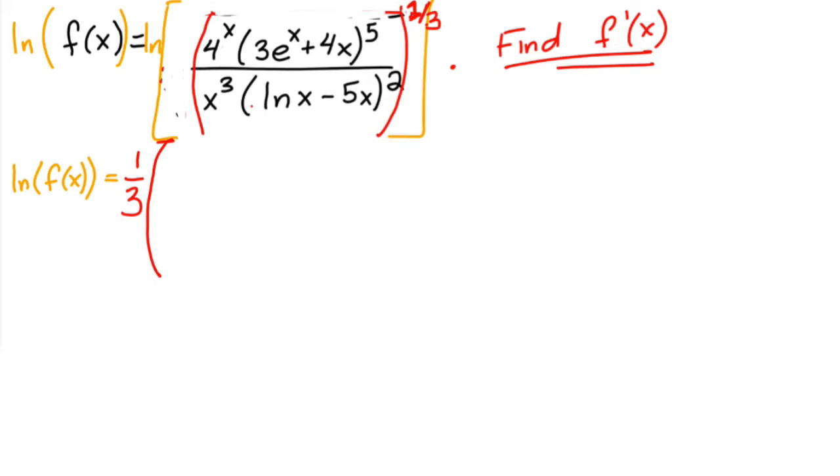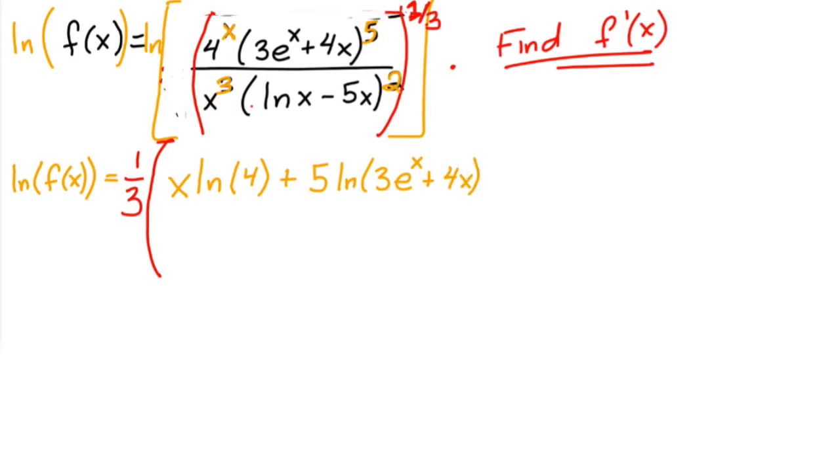and then inside, the exponents are all going to come out in front. So the first one is going to be x times natural log of 4 plus, bring down the 5, natural log of 3e to the x plus 4x.